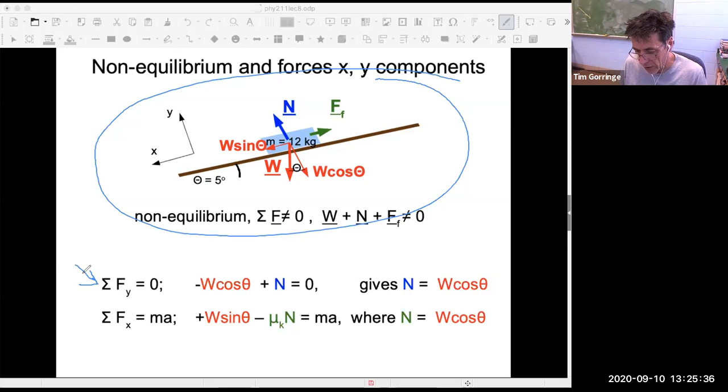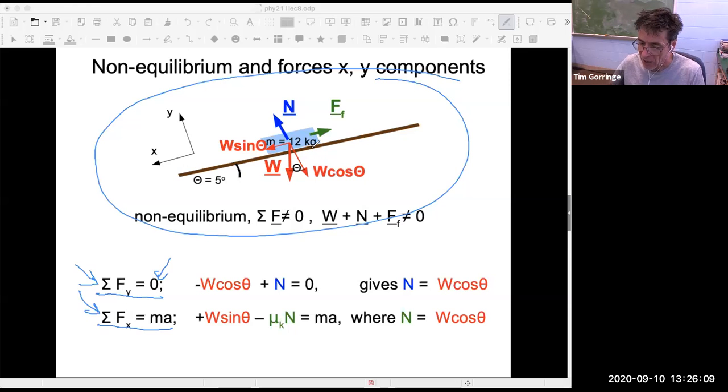That's the new stuff. Fy, those are the forces acting perpendicular to the incline in this y direction. Fx, those are the forces acting along the incline, parallel to the incline in this direction here. And so I'm going to write down the equilibrium condition, but as two equations now: equilibrium in the y direction, equilibrium in the x direction. The interesting thing is that in the y direction, the block doesn't jump in the air, it doesn't crash through the incline.